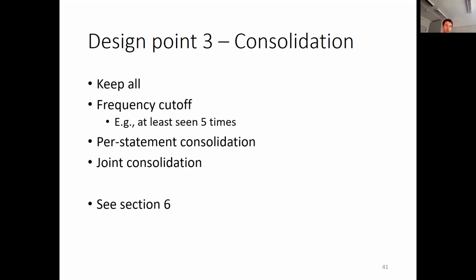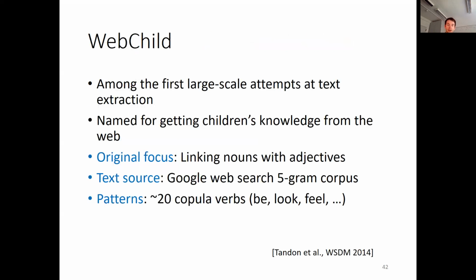So let me now delve into exemplar projects. The first I want to present is WebChild, developed in 2014 by Tandon et al. It's among the first large-scale attempts at text extraction for commonsense knowledge.